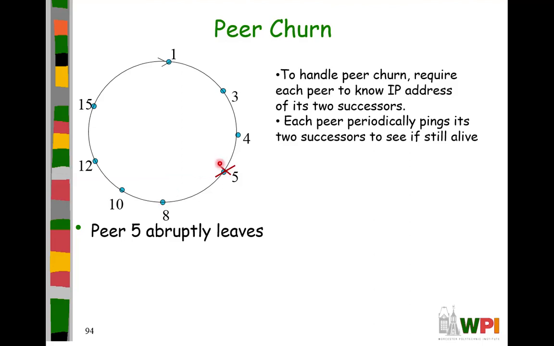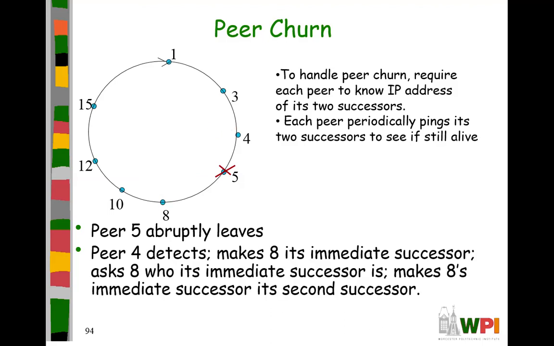In case 5 abruptly leaves the network, for example, peer 4 doesn't receive a keep-alive message from 5, so 4 comes to know that 5 is no more in the network. In this case 4 will connect with 8, because peer 5 has already shared with 4 that its successor is 8.